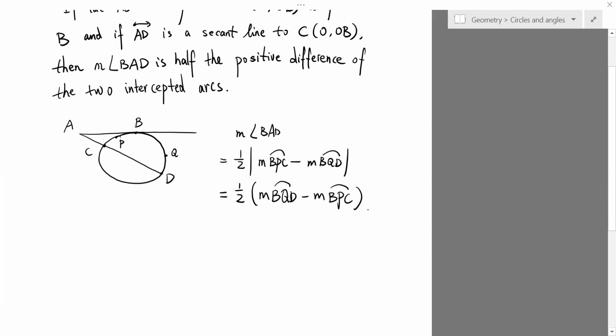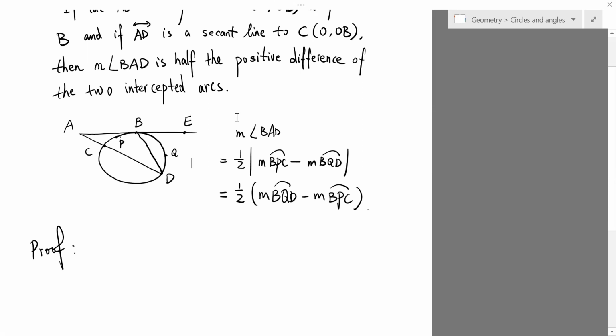What we're going to do is observe that if we draw the chord joining the points B and D, then we could apply the tangent chord theorem to conclude that the angle, well, for the sake of convenience, let's put a point here and call this point E.